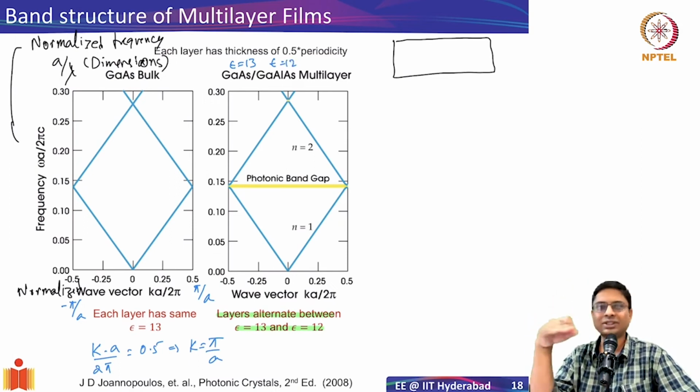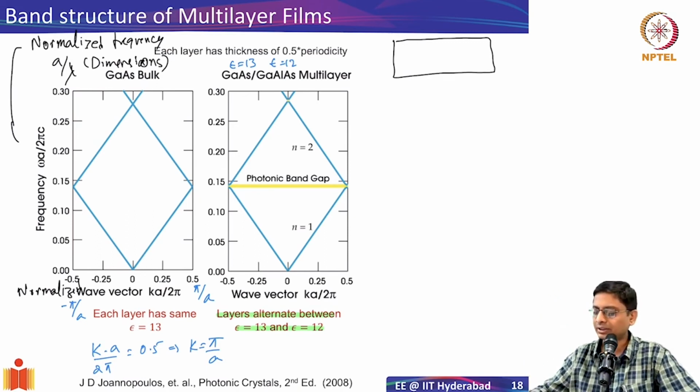If you take a structure consisting of this very, very small change in epsilon, okay, so I build a multi-layer out of it. I can have this gallium arsenide layer, again another gallium arsenide layer, another gallium arsenide layer, and so on. In between I can have a gallium aluminum arsenide like this. So I can actually think of a material which consists of two sublattices.